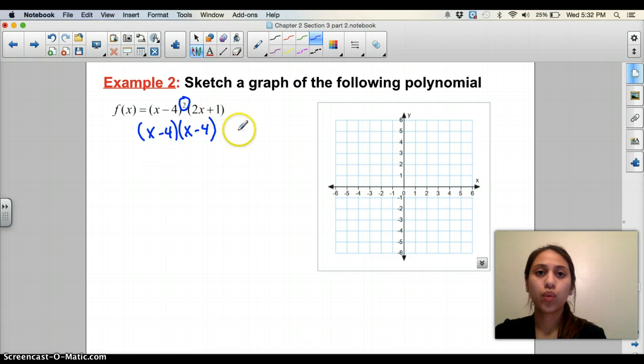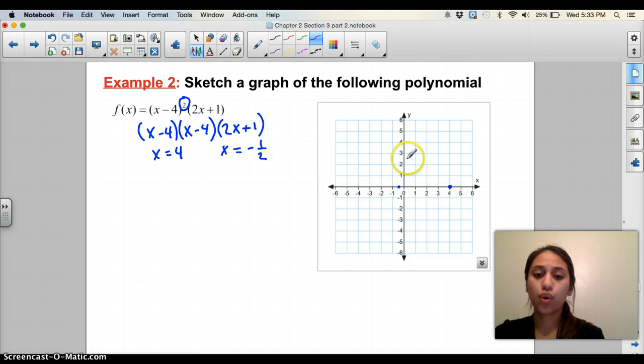And here we can leave that the same. Our roots are going to be x is equal to 4. And if we set the other factor equal to 0, we will find that the root is equal to negative a half. So we'll label those on our graph: x is equal to 4, and x is equal to negative a half.